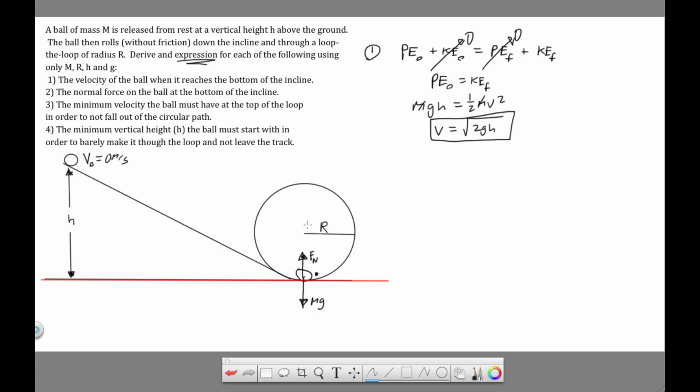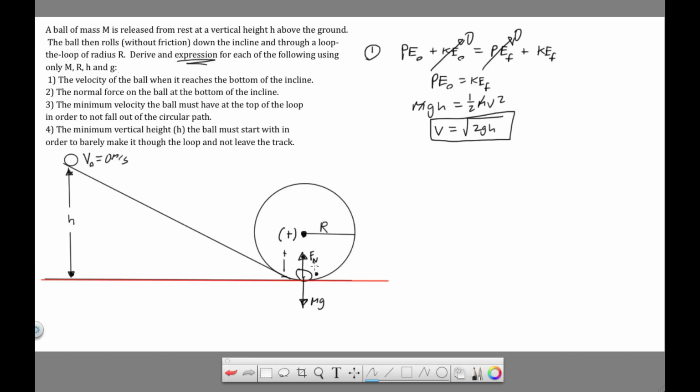All objects in a circular path have a centripetal acceleration which points to the center of the circle. So here's the center of the circle. And because the centripetal acceleration always points to the center of the circle, we always want to make the center of the circle positive. So for the ball here, up is plus, and down is minus. The center of the circle is positive.